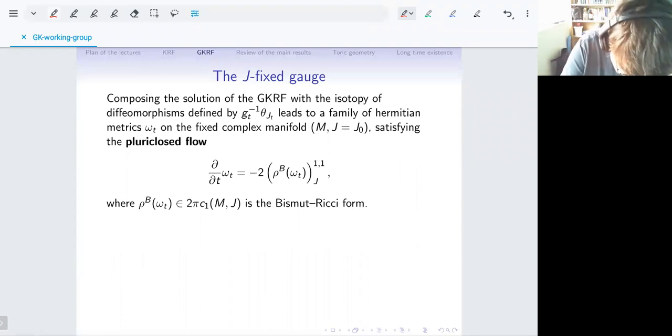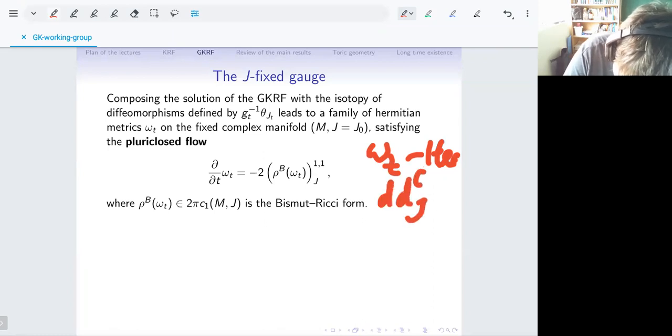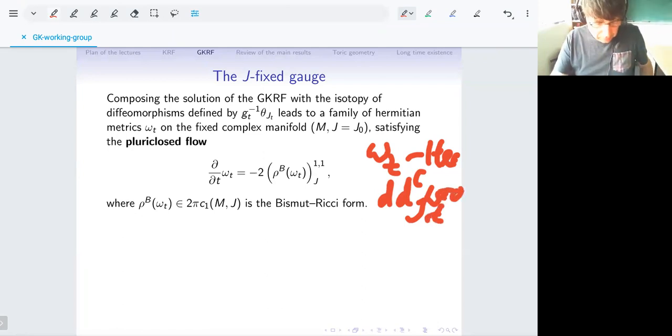Magically, it turns out that the solution gives you a solution of a Hermitian metric. This is Hermitian, and it satisfies dd^c ω_t = 0. So because of this, I will do this systematically.